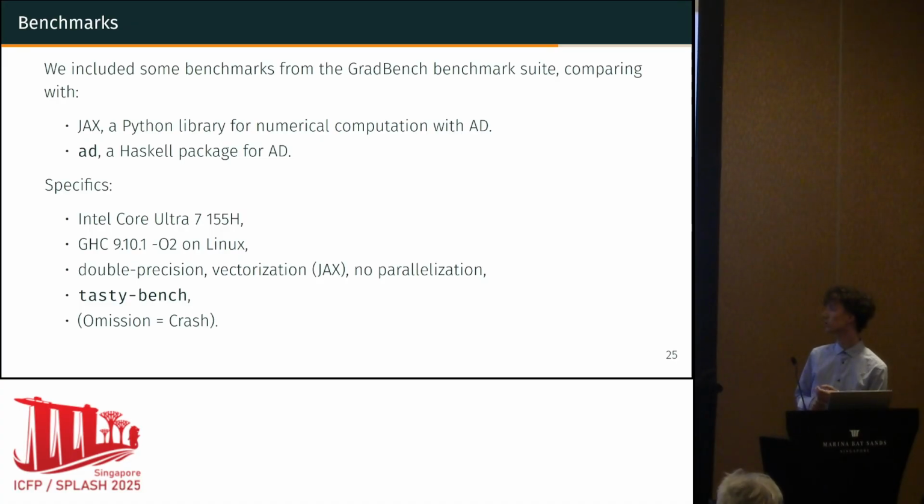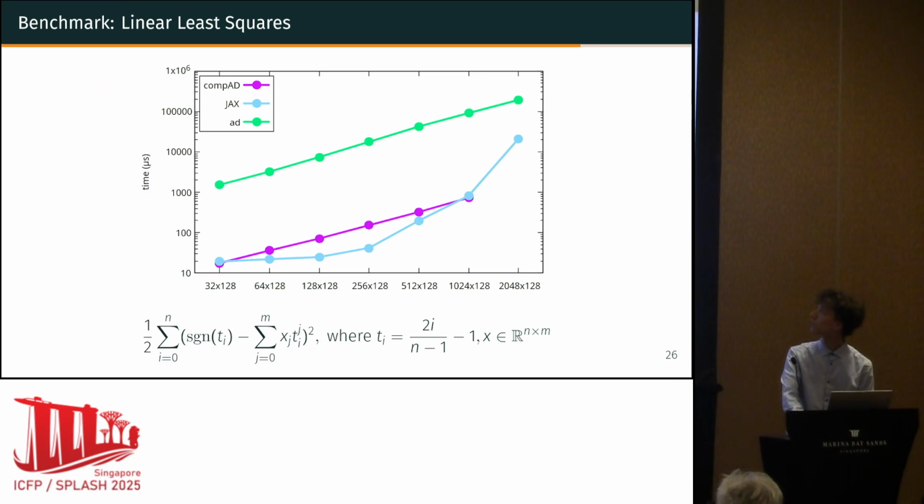And furthermore, I'll note that the omitted data points actually represent crashes, which usually are out-of-memory ones. So while this does make the benchmark a little bit less realistic per se, it does give a good indication of how much faster we've made our compiler.